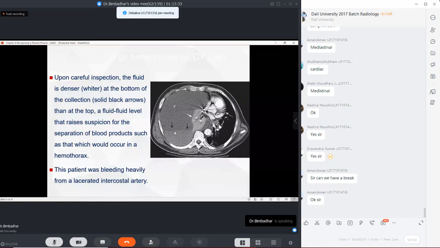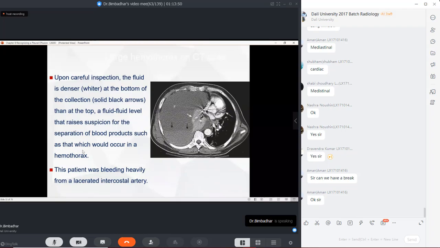That's the reason I can say it is a hemothorax, because of the separation of the blood products that will settle down. This patient met with a trauma, and it is generally happening because of a lacerated intercostal artery.